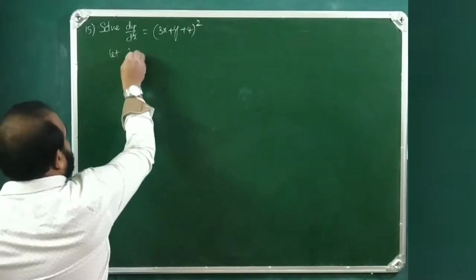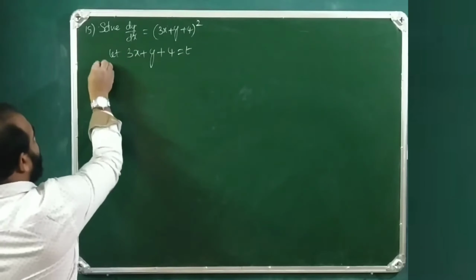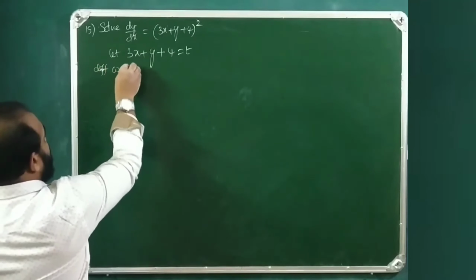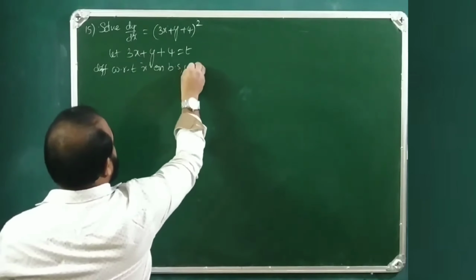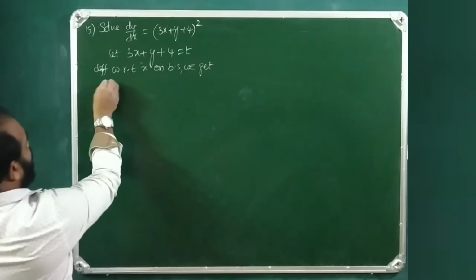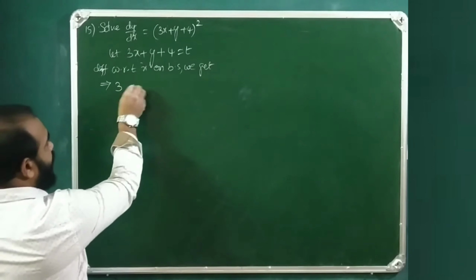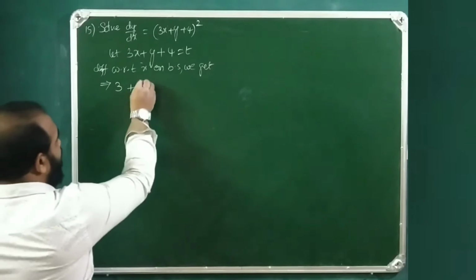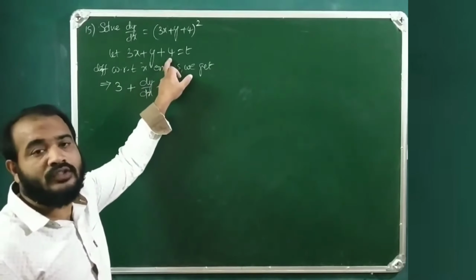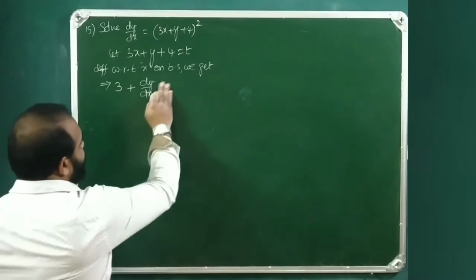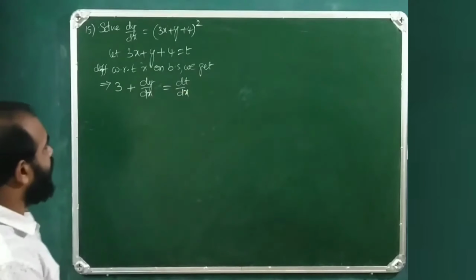Let 3x plus y plus 4 equal t. Differentiating with respect to x on both sides, we get 3 into d by dx of x, which is 1, so 3 into 1, 3, plus d by dx of y, which is dy by dx, plus d by dx of 4, which is a constant, so 0, equals d by dx of t, which is dt by dx.